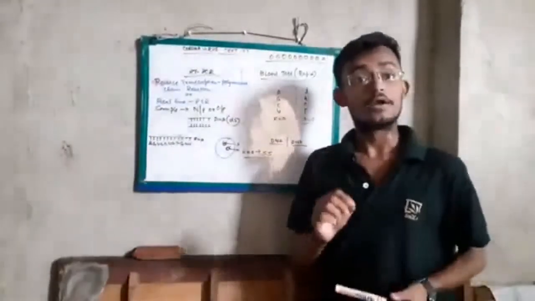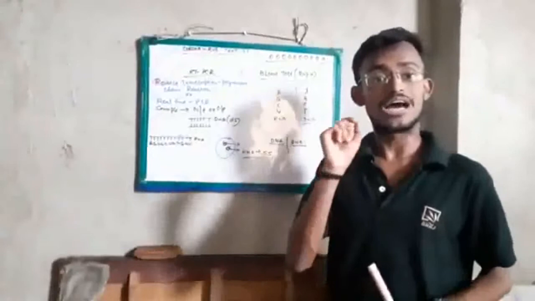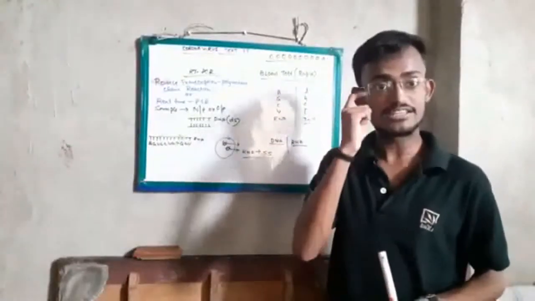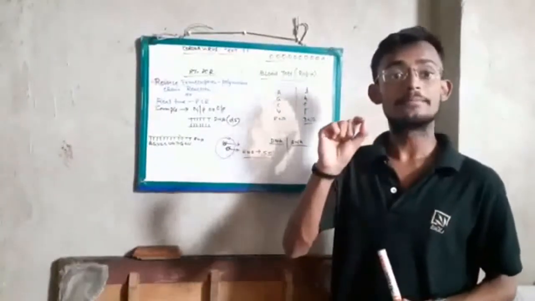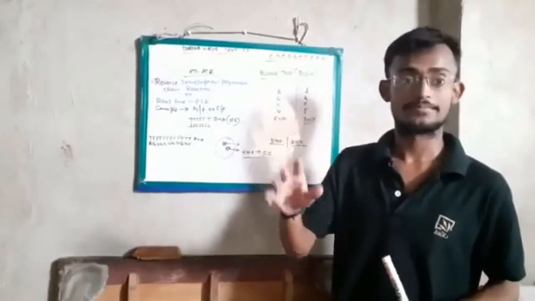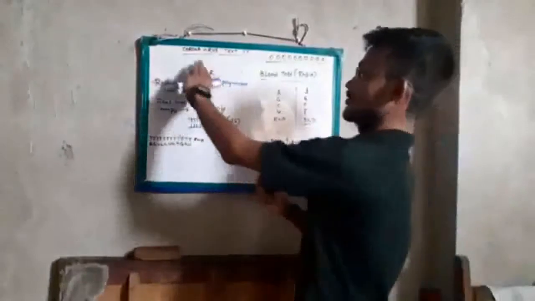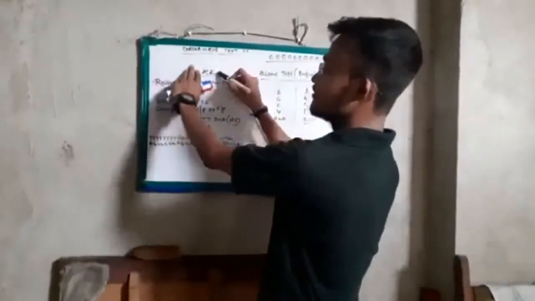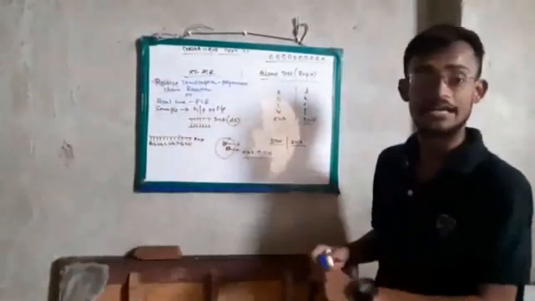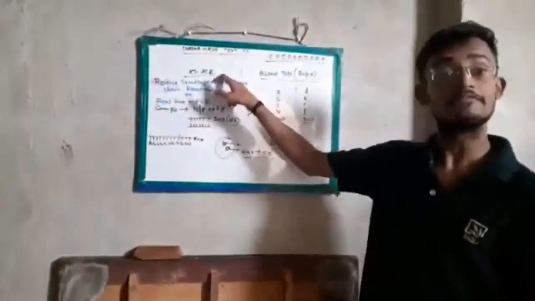We need to target the sequence and amplify it. They make multiple copies as per requirement. In PCR, we amplify the DNA, not the RNA, because RNA is made from DNA.